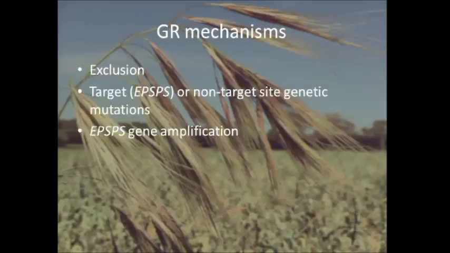I won't go into too much detail about the glyphosate resistance mechanisms that plants use, but some of them are listed here. Exclusion, as Kinyu had explained quite extensively, is basically not letting glyphosate come into contact with its target site, which is the EPSPS. There can be various things like translocation.